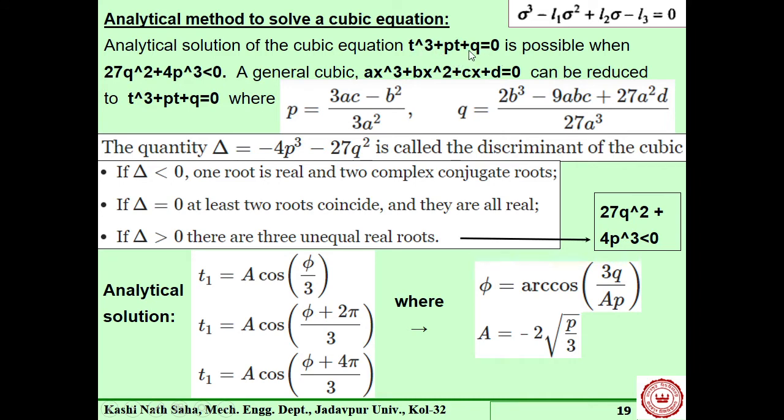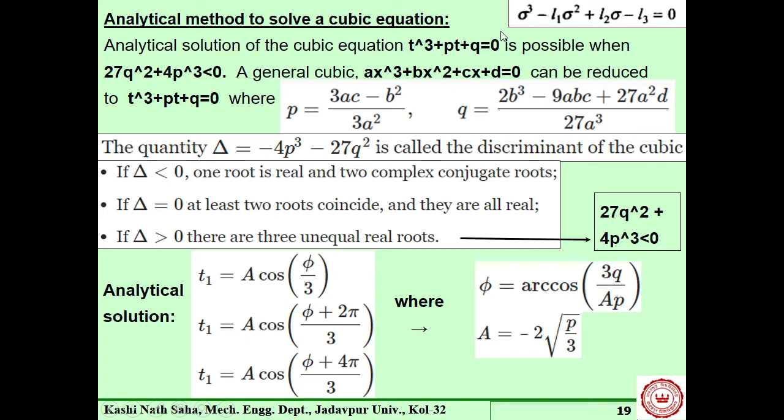This particular equation we are getting from the general form of the cubic equation. So our cubic equation first has to be expressed in this form. So that means we have to find out what is P, what is Q. And then with that, we know the three roots of this particular equation, right?